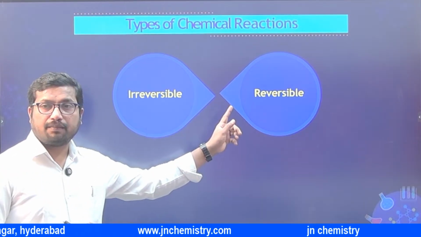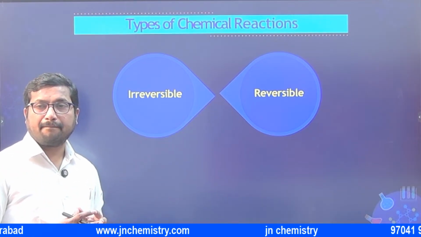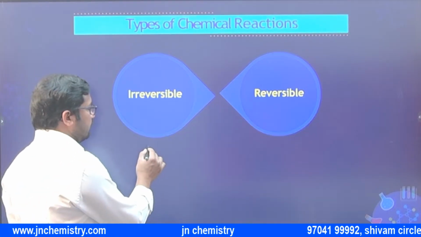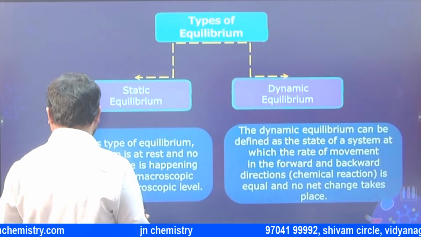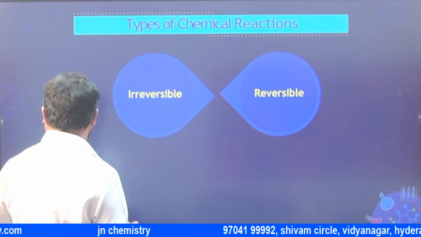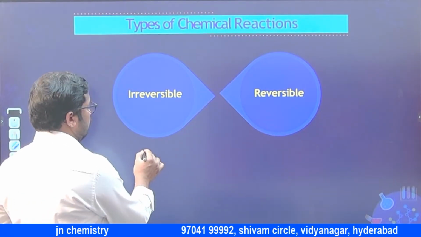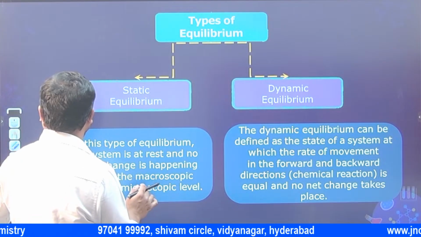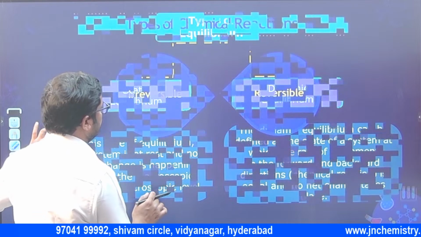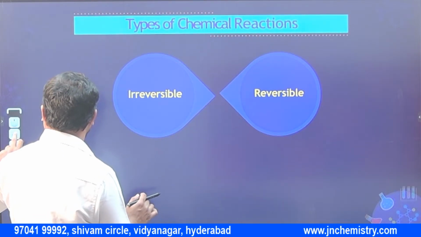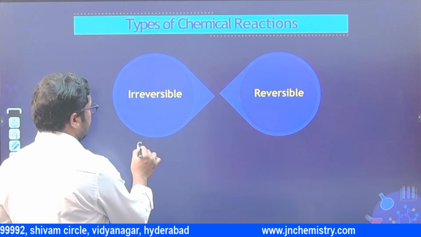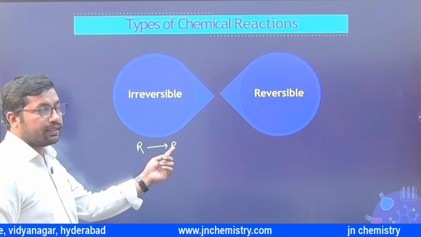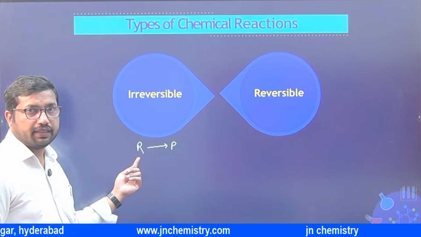In irreversible reactions, reactant is converting into product, but product cannot be converted back into reactant.